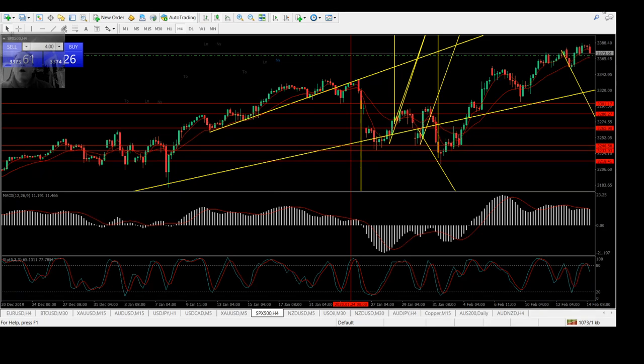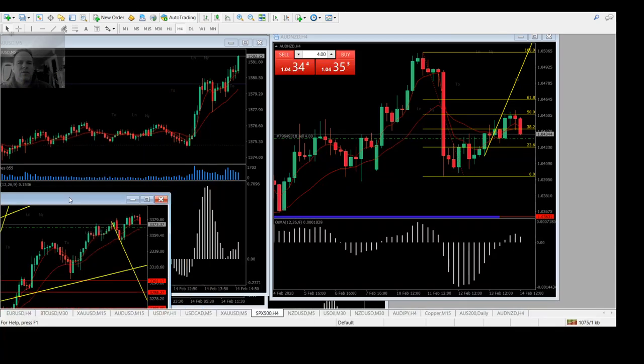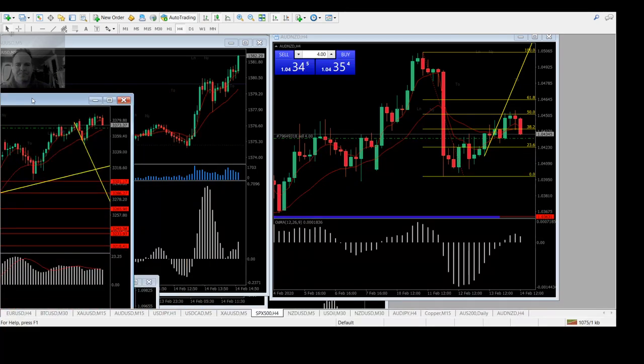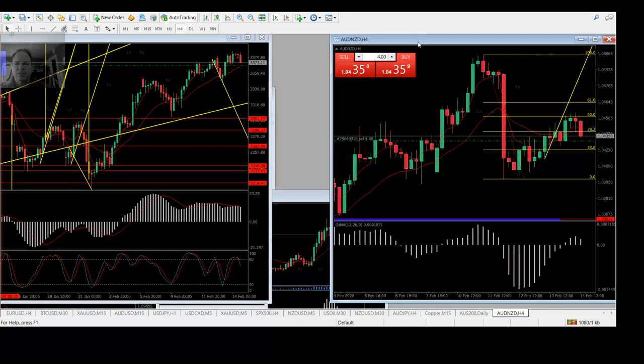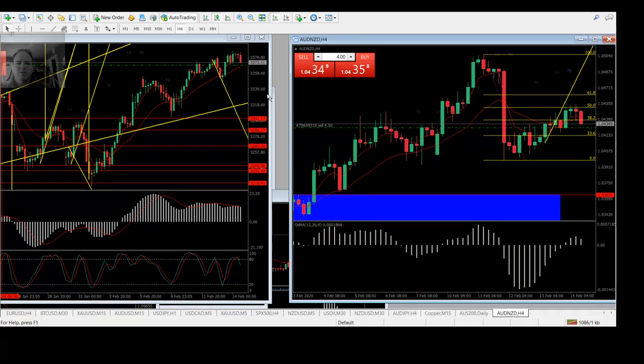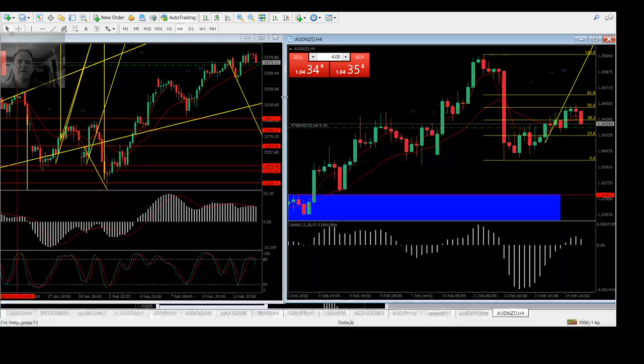And the whole idea there is that in times of equity selling, a lot of times the Australian dollar gets hit harder than the New Zealand, therefore bringing this pair down.